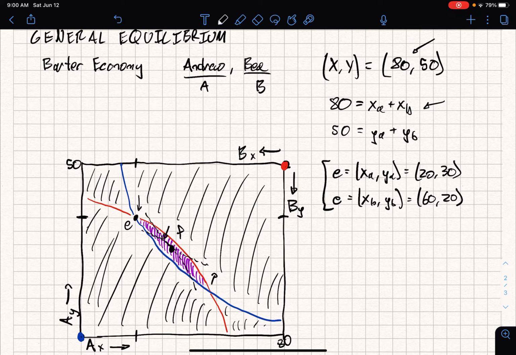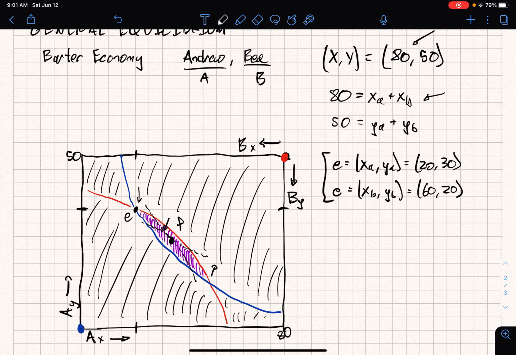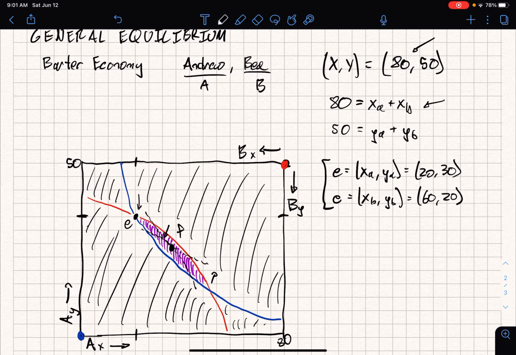We're going to think about points, allocations on the Edgeworth box that have no Pareto improvements. Essentially, when this lens, this pink section, is completely gone.